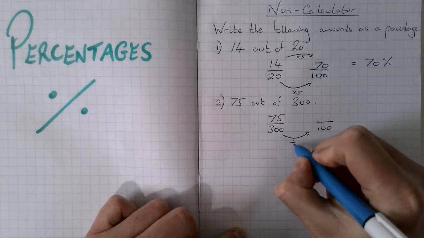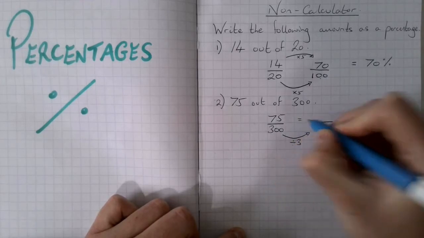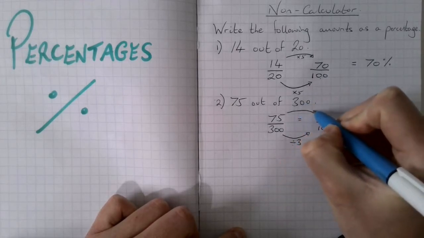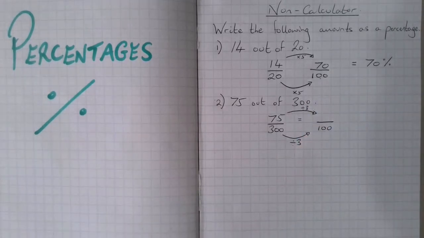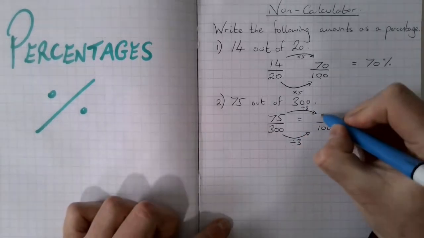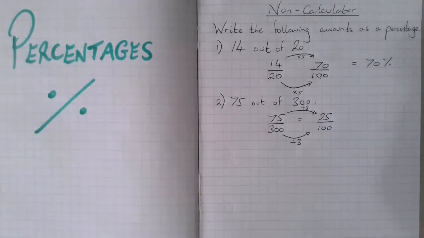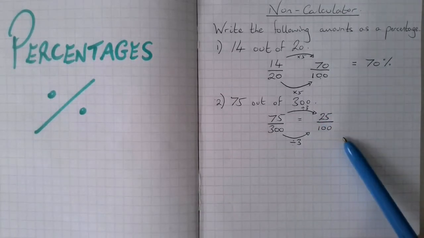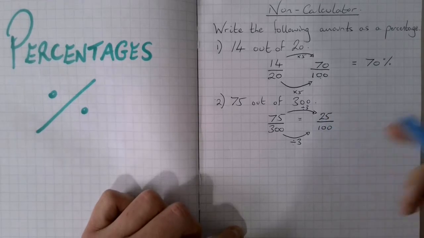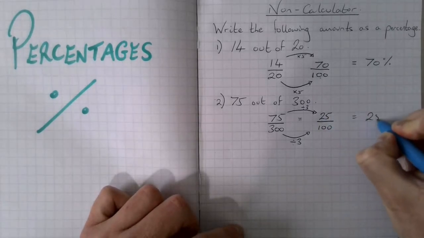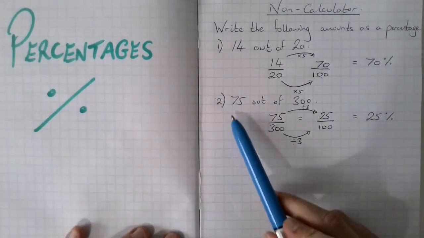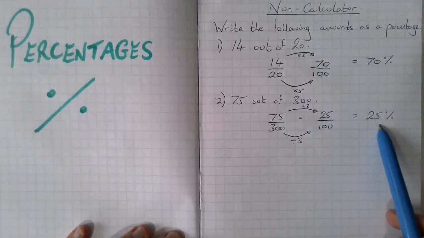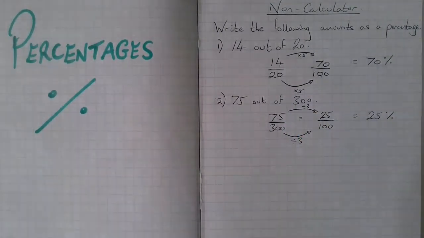Well, I need to divide by 3. So I need to do the exact same thing to my numerator, the top of my fraction. I need to divide by 3 as well. And 75 divided by 3 is 25. So now I've got a fraction with 100 on the bottom, and my numerator is 25, so I could write this as 25%. So in other words, 75 is 25% of 300.